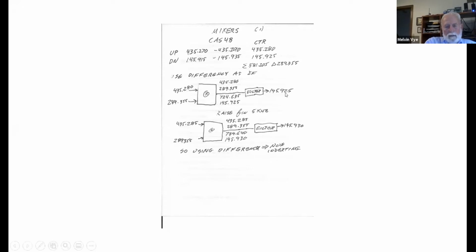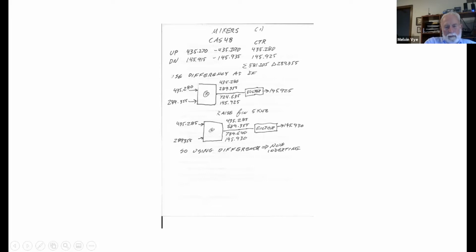Now, then the question is, is this an inverting or a non-inverting passband? So on a non-inverting passband, as you raise the input frequency, the output frequency raises. And on an inverting passband, as you raise the input frequency, the output frequency decreases. Well, let's find out. We'll raise the input frequency by 5 kilohertz. So now I put in 435.285.